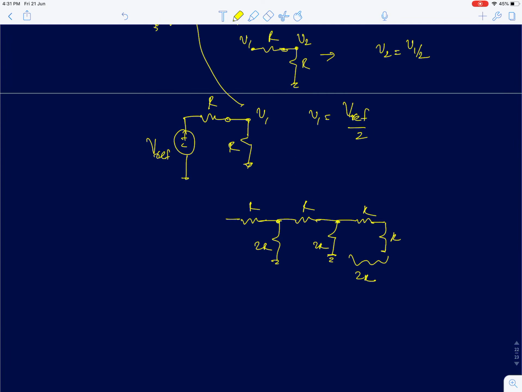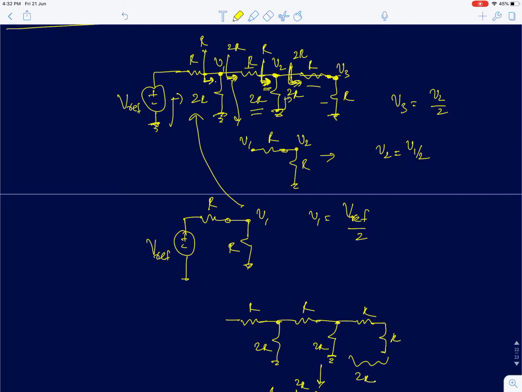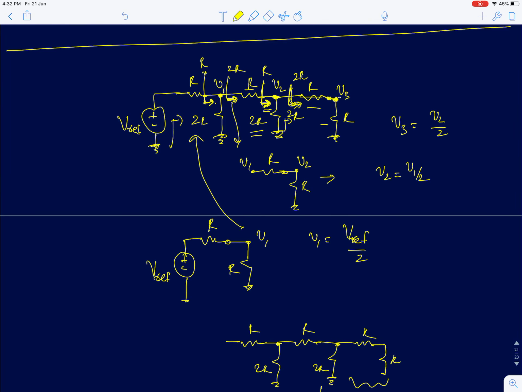That comes in parallel with 2R and you generate R. So the circuit reduces to R and R. Again R and 2R here. So again the equivalent resistance at this point would be 2R. So the circuit further reduces to R, 2R in parallel with 2R, which would be R. Again the resistance seen at this point is 2R. So if you see in this network, the equivalent resistance seen at this point is 2R.